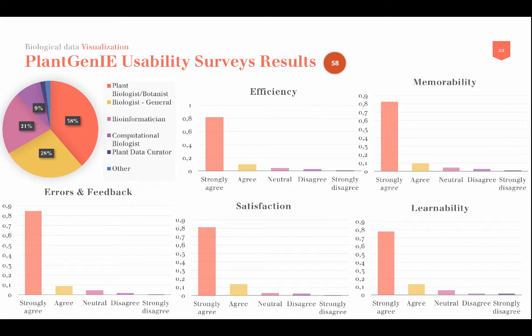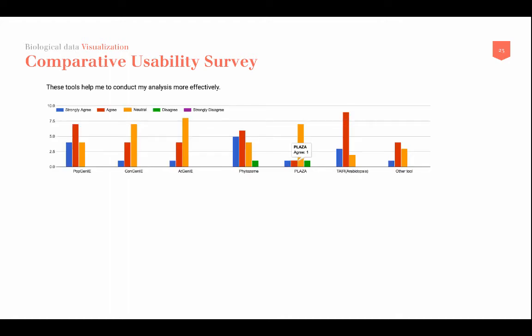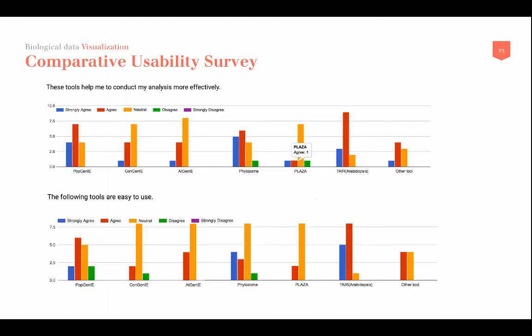So we decided to create a second survey to compare with other similar websites and identify weaknesses and improve PlantGenie. As you see here, we still haven't finished the survey and we already got some positive answers by comparing with other similar sites like Phytozome, PLAZA and TheaGenie.